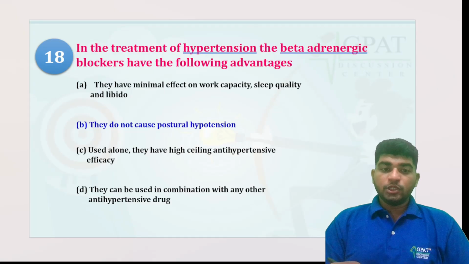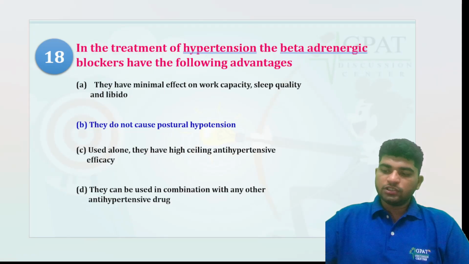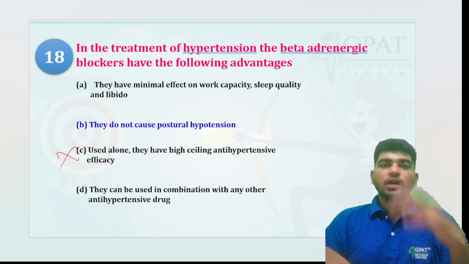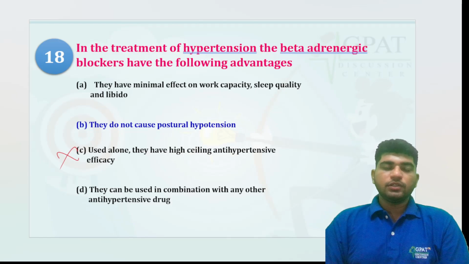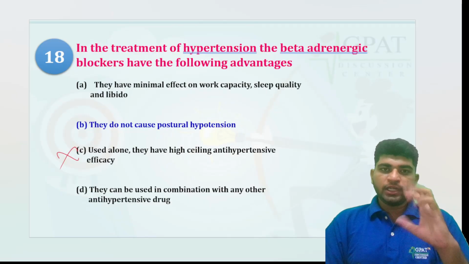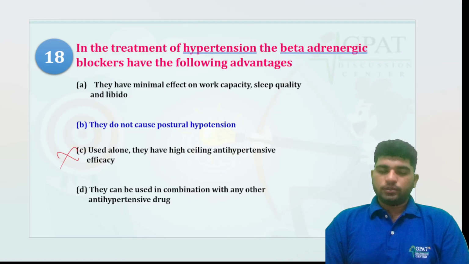Can they be used alone? No, they are not generally given alone. All BP medications are generally given through combined therapy. For example, amlodipine is a calcium channel blocker. It inhibits the contraction of the heart, slowing it down and decreasing the workload.